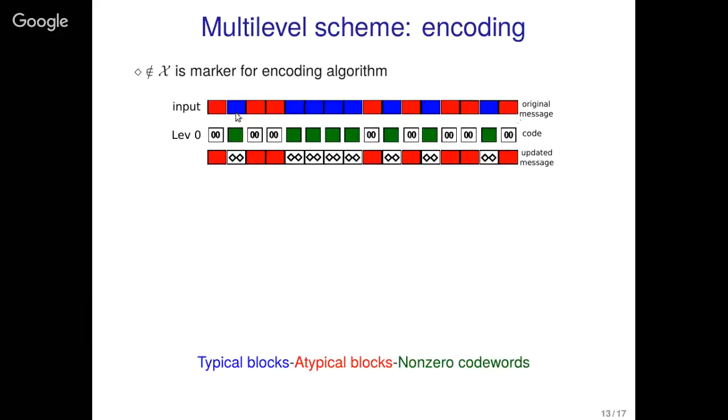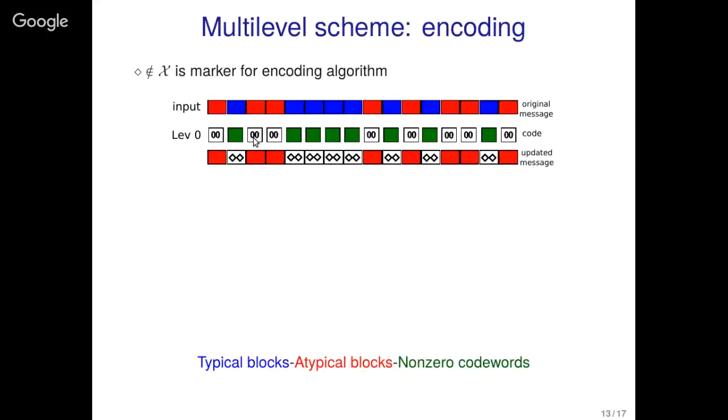Corresponding to each block, you generate a level 0 code word. If this block is typical, then you store a non-zero code word, which corresponds to the index in the typical set. If this block is atypical, then you store a zero code word to indicate that the sequence was atypical.